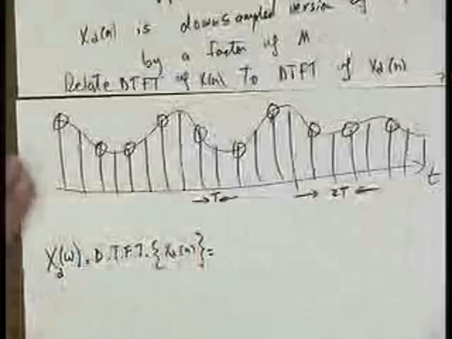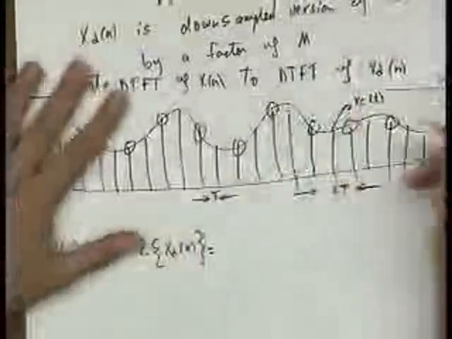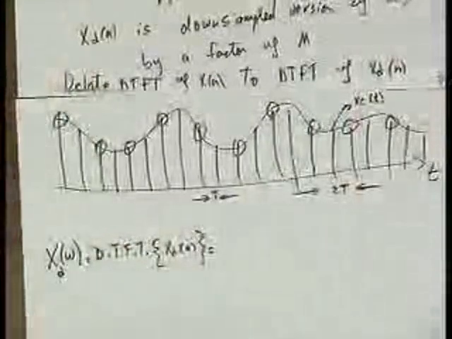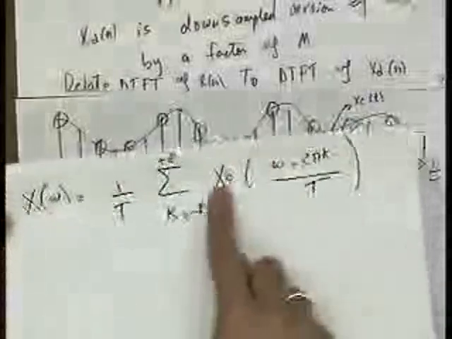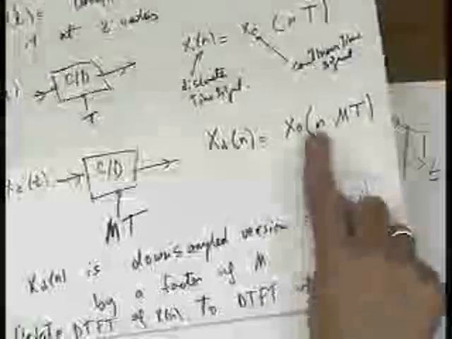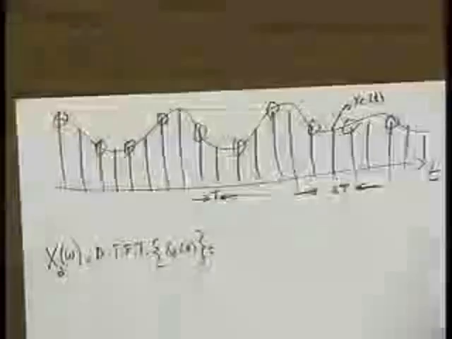And the way we're going to do this is through the continuous time signal x sub c of t. Based on what we covered in today's lecture, i.e. this equation here, I have a continuous time signal, and how do I get x sub d of n? Well, all I'm doing is sampling it at rate n times MT.